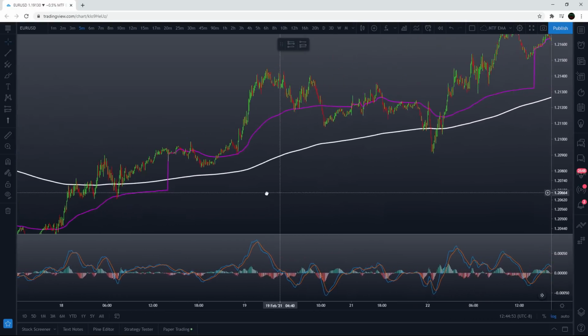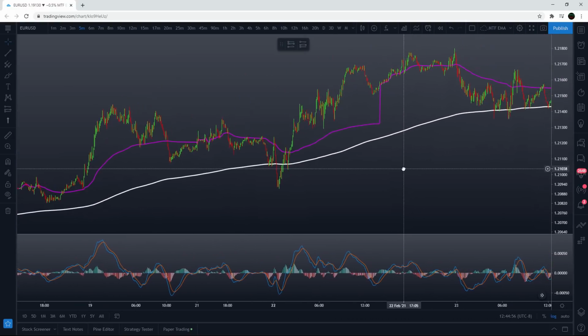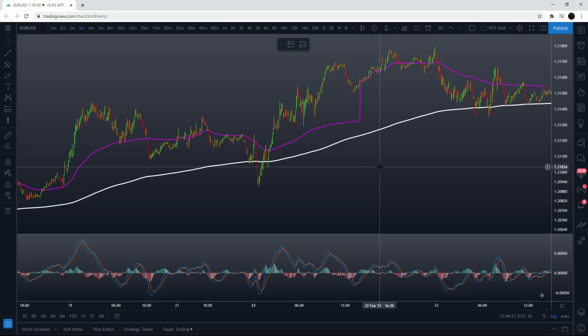Okay. So, you can look at all the data, but you're simply, as I've said many times, putting the odds in your favor, trying to find an area of value using the VWAP and the 600 period EMA to make sure you're going with the trend, only entering at periods where you are at an area of value. And you can even use candlestick patterns or chart patterns or whatever you want to draw on your chart.